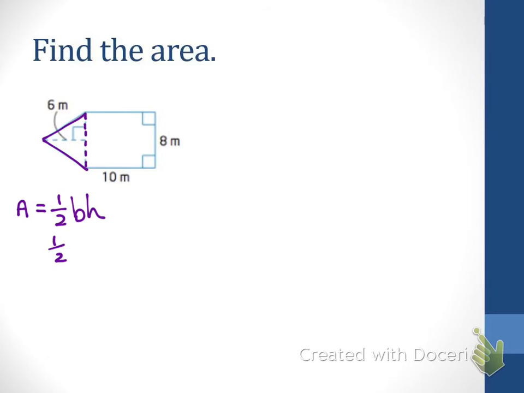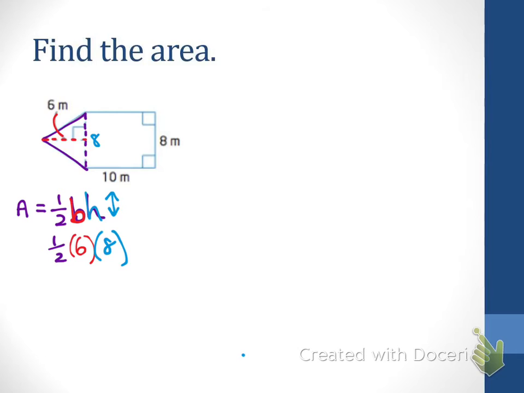But does it matter what order you multiply in? It does not. So even if you stuck with, what did I say the base always looks like? A horizontal line. What's the length of a horizontal line on this triangle? 8 is not horizontal. 6 would be. I'm going to show you. And then the height, I said, would always be up and down. So the height would be 8.